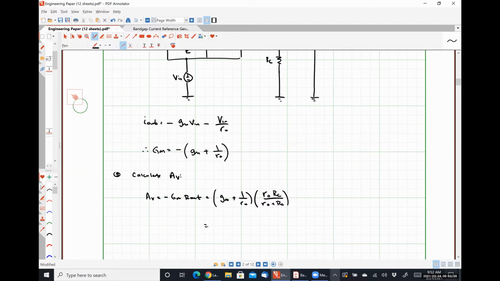And just doing a little bit of algebra, we get RC over R naught plus RC plus gm R naught RC over R naught plus RC, which is the exact same result we got doing the regular voltage gain calculation.